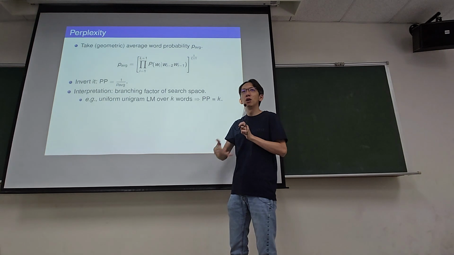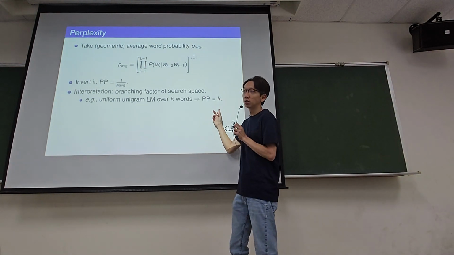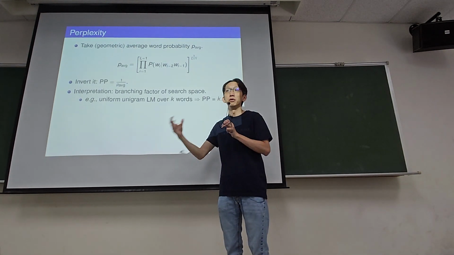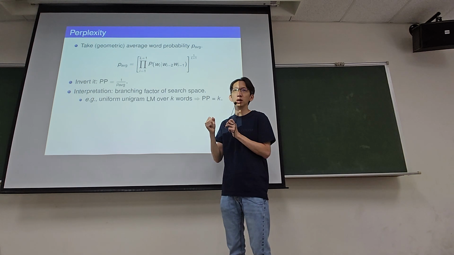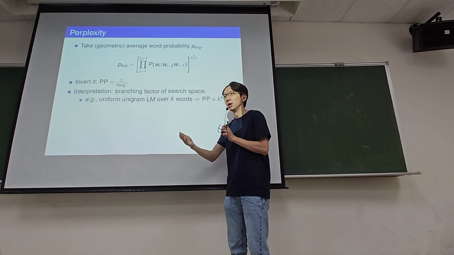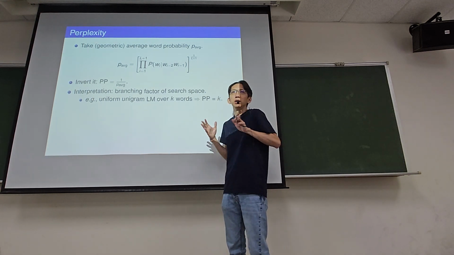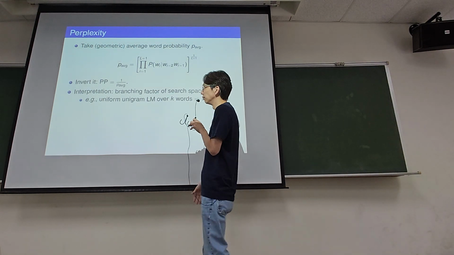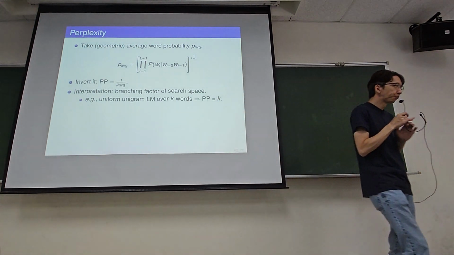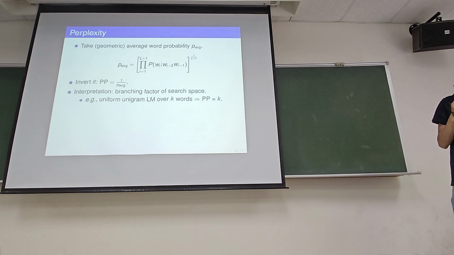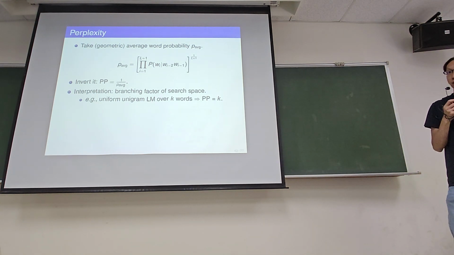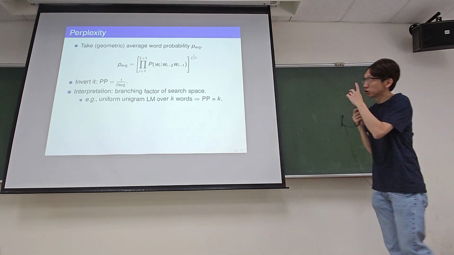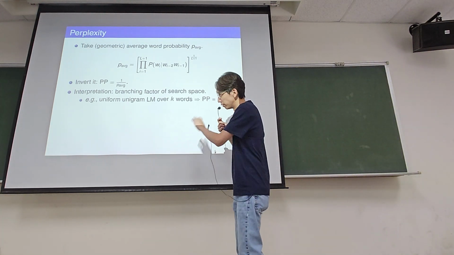So if you have a well-trained language model, this should be lower. There is less confusion in the branching, because the next words do not occur equally likely; I already know from my data sets that some events are more likely to occur. So perplexity is a good metric for measuring a language model.